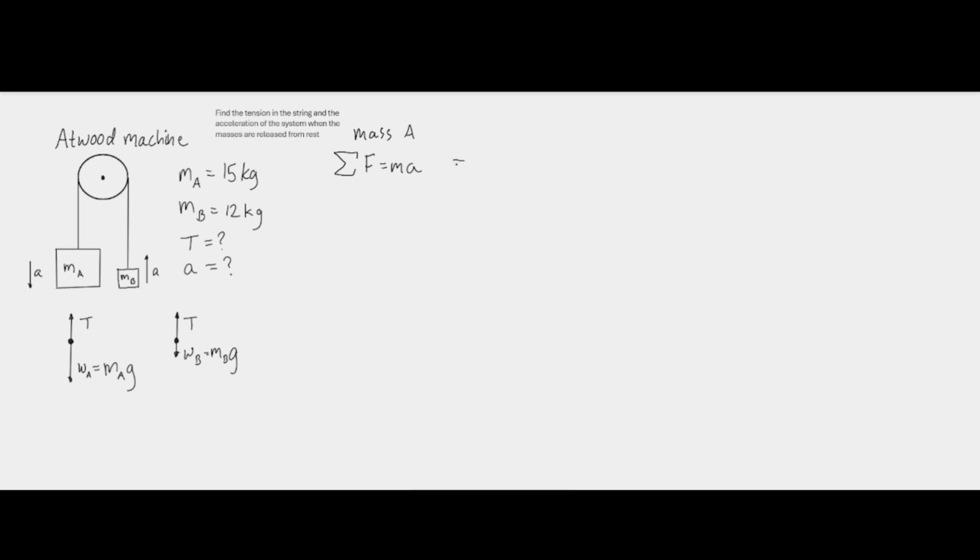So this means then the sum of the forces, I have a positive tension force and I have a negative weight force, so minus the mass of A times g. So that is my sum of the forces, positive T plus a negative m_A g. And this is equal to now the mass of the object, so that's ma.